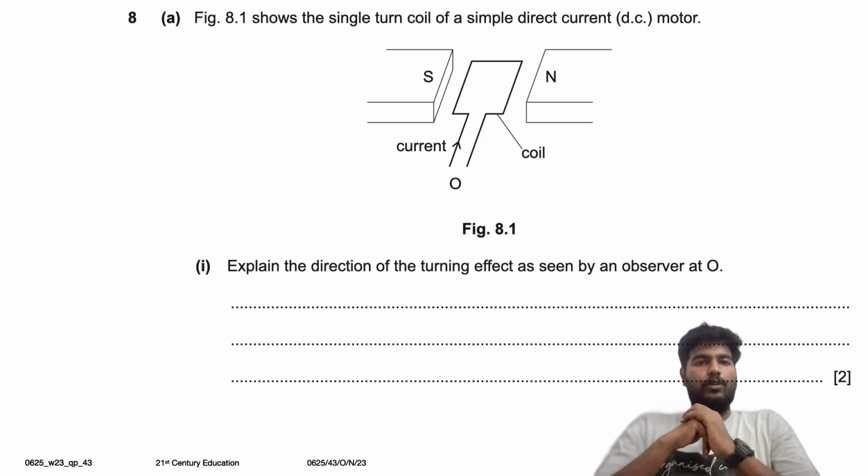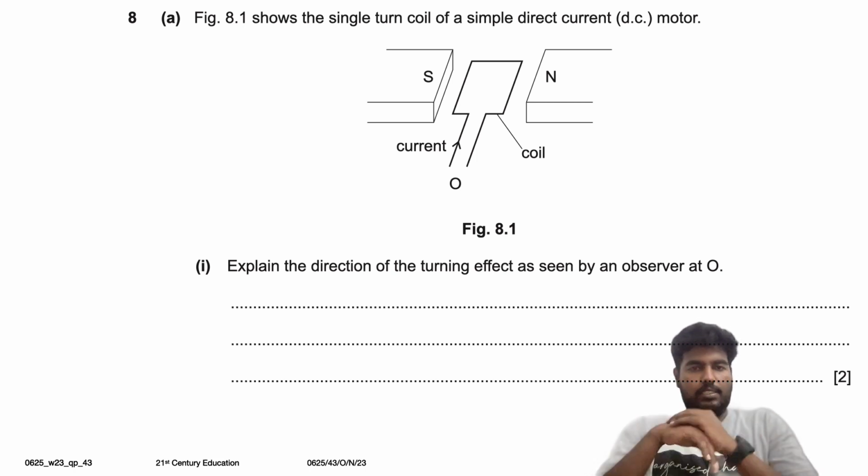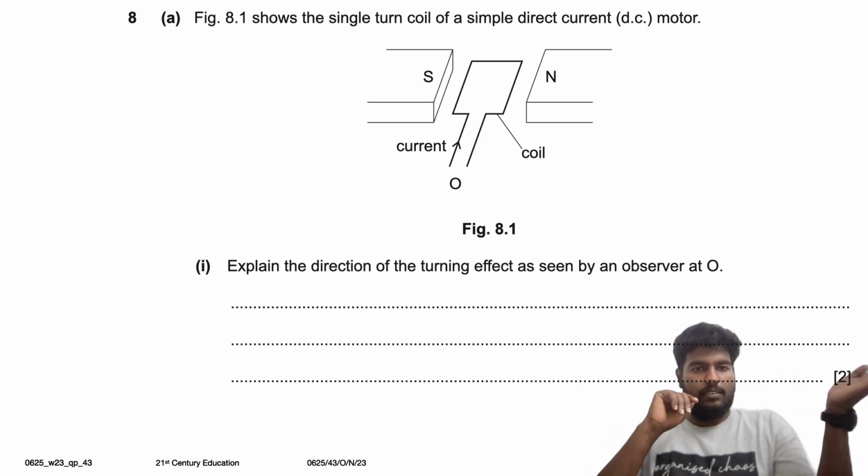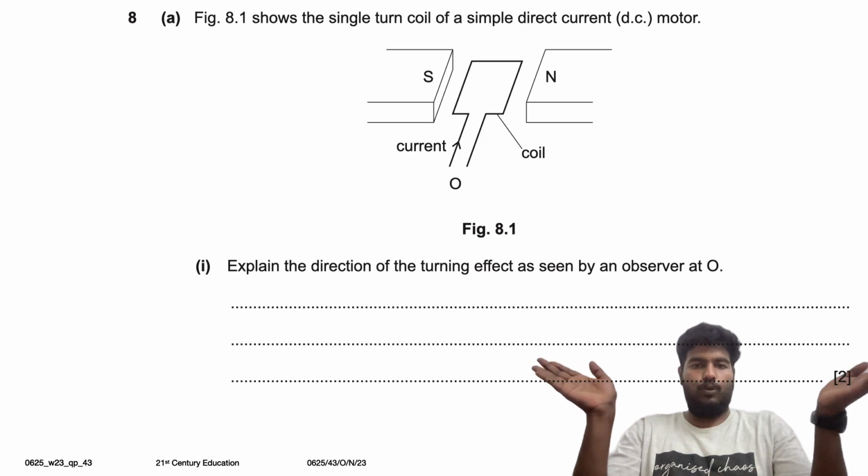Figure 8.1 shows the single turn coil of a simple direct current motor. It's a DC motor. Explain the direction of the turning effect as seen by the observer at O. This observer at O is just looking to the front. To his left is the south pole, and to his right is the north pole.